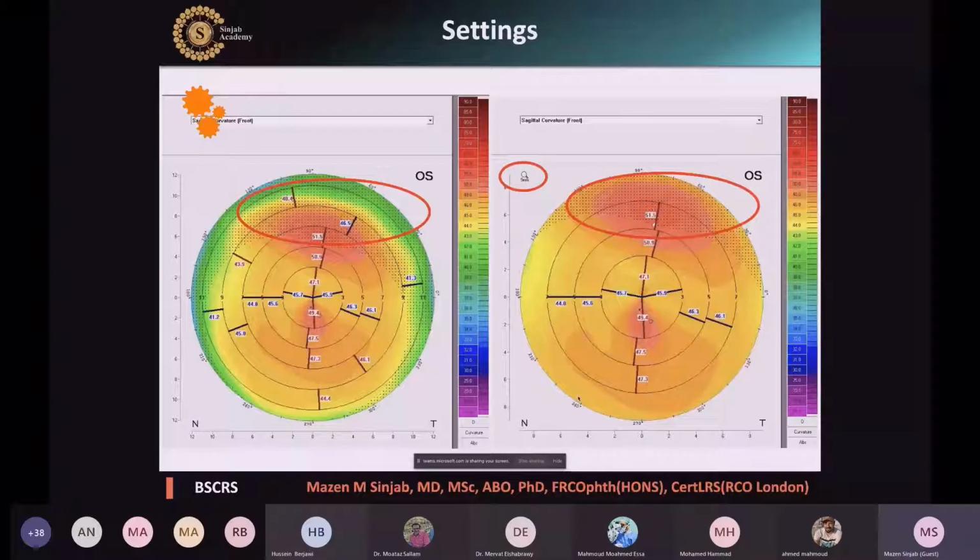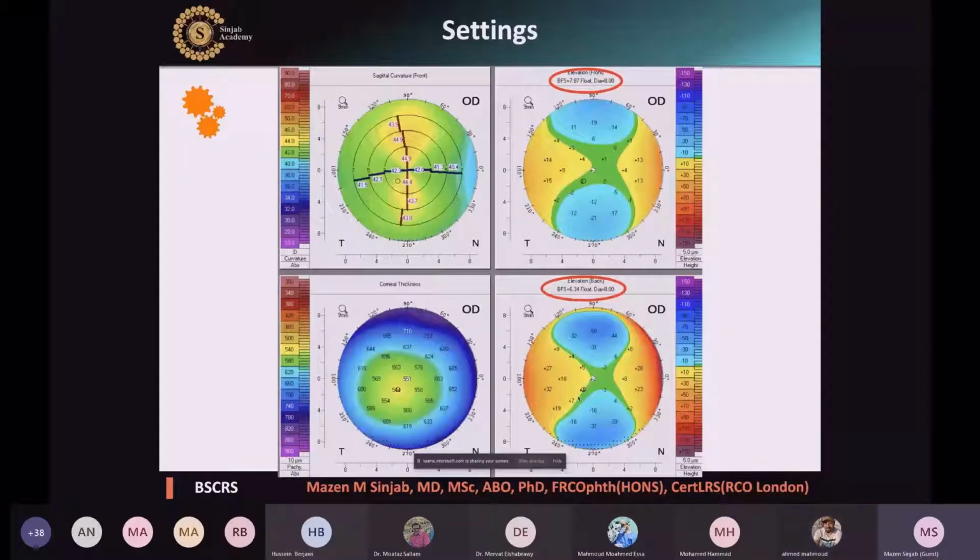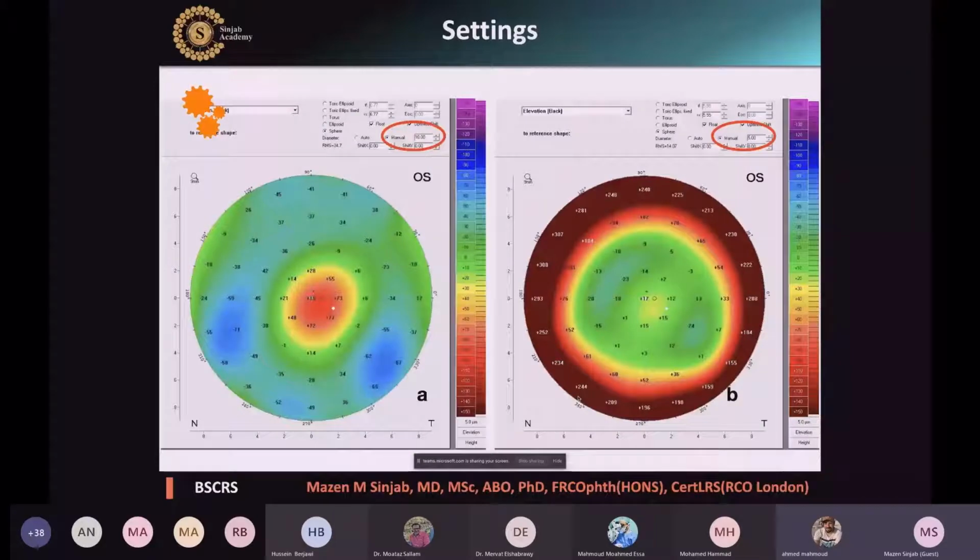If we are using the elevation map with the best fit sphere, we have to be sure that the diameter is 8 mm, not 9, not 5. Why? Because if we are not using the 8 mm diameter, then all numbers will be wrong. This is an example. On the left, 10 mm, on the right, 5 mm for the same corneal surface.